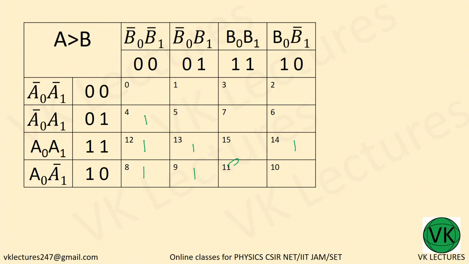Grouping can be done like this. So this is the first pair, and the second pair we will take like this, and next we have a quad we will do with some other color, and this is the quad.